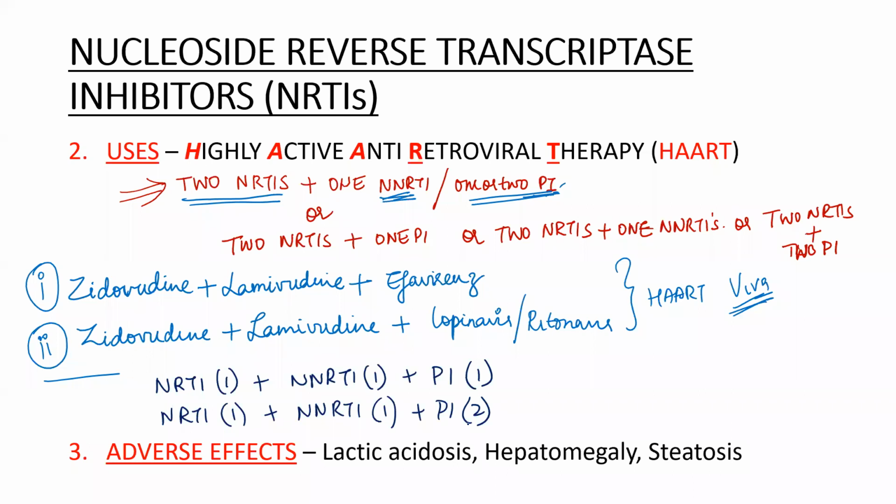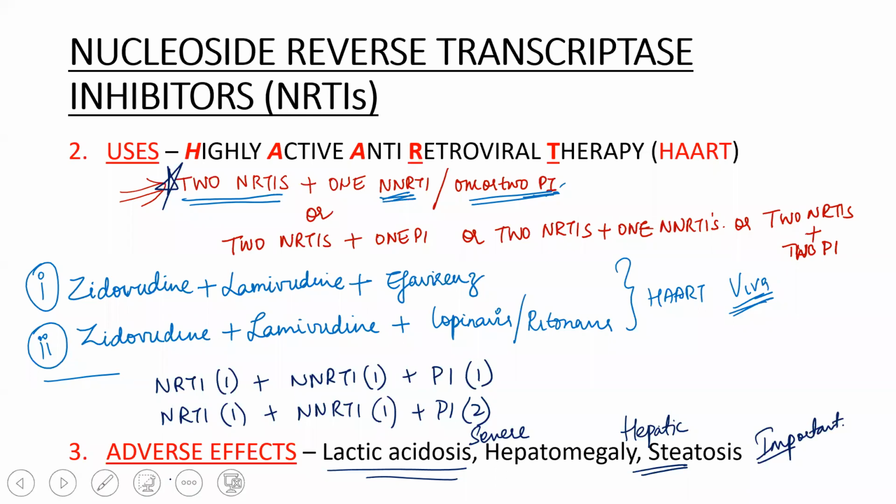So this is what we call highly active antiretroviral therapy, which is a combination of different groups of drugs acting against the HIV virus. The regimen that is still followed is number 1, right? These drugs are prone to cause lactic acidosis as an adverse effect, and severe hepatomegaly and hepatic steatosis, right? So these are the important adverse effects of these drugs.